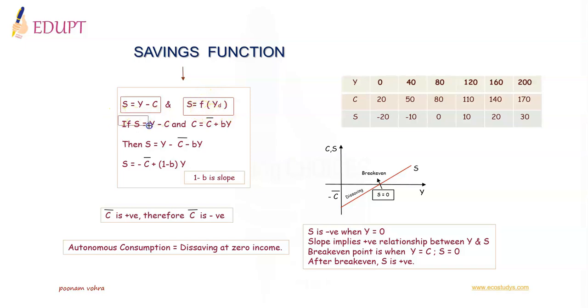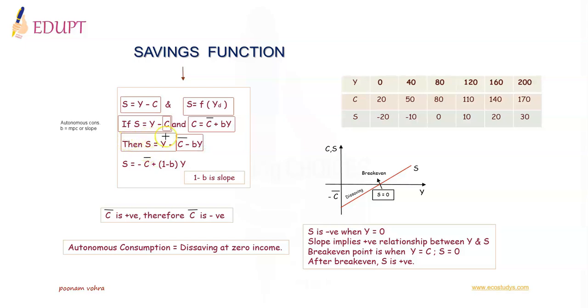Now, if savings are the difference of income and consumption, and consumption is written as C bar plus BY, where C bar is autonomous consumption and B is marginal propensity to consume or slope, then savings is equal to Y minus C bar minus BY.